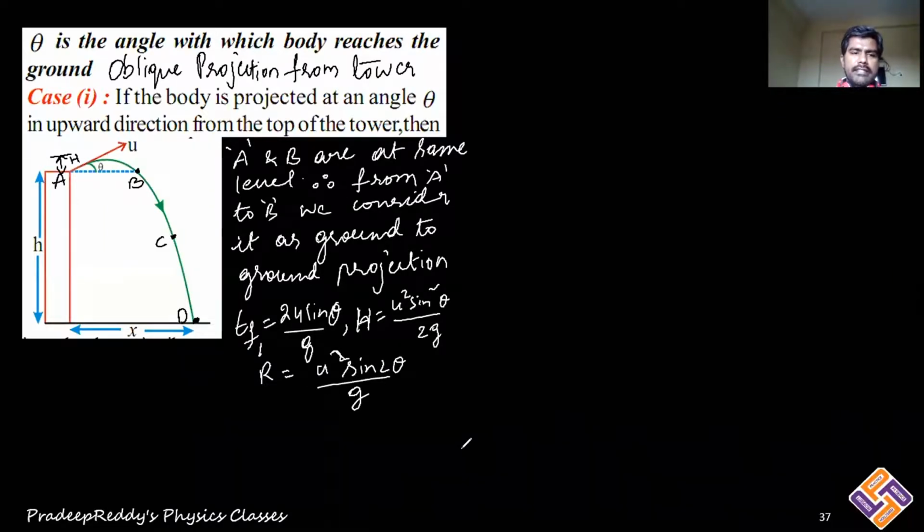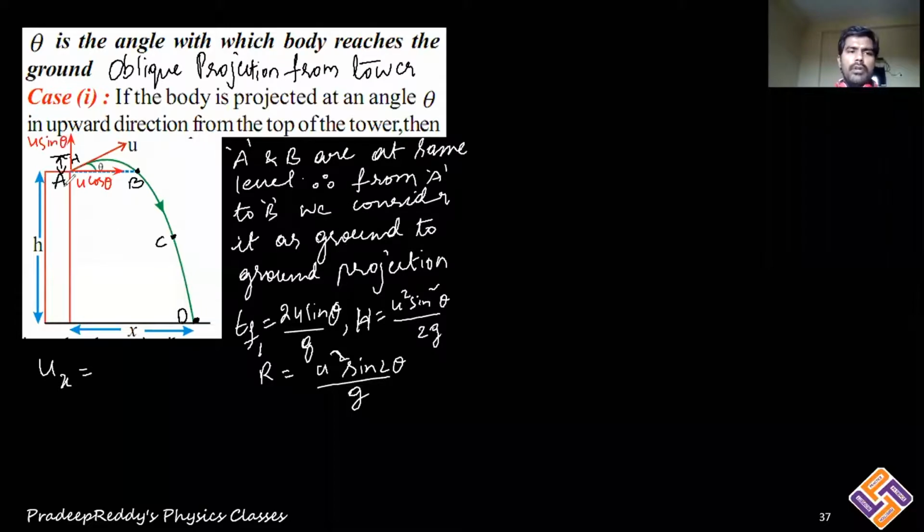Next, in this case also, you can resolve the velocity into components. You can resolve this u into one component along the x-axis and one component along the y-axis. I am resolving it with red ink, and I can simply write this as u cos theta along the x-axis, and vertically it is u sine theta.